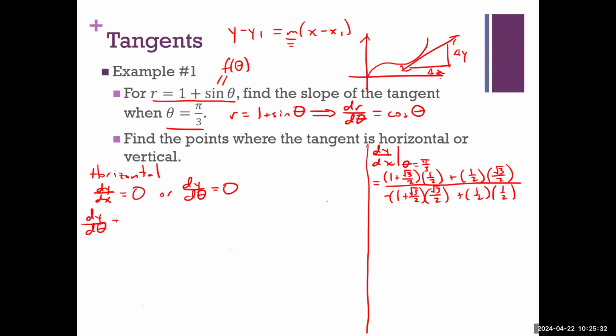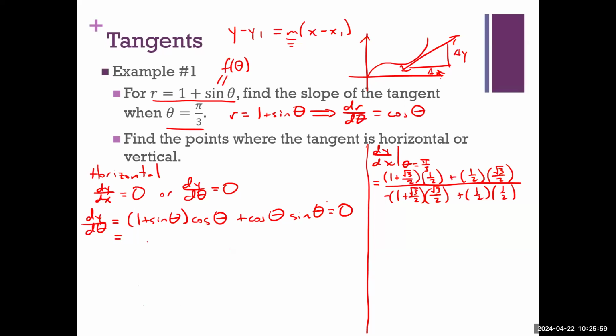So what was our dy/d theta in this case? One plus sine theta cosine theta. Plus cosine. Okay. Can I find out where this is equal to 0?